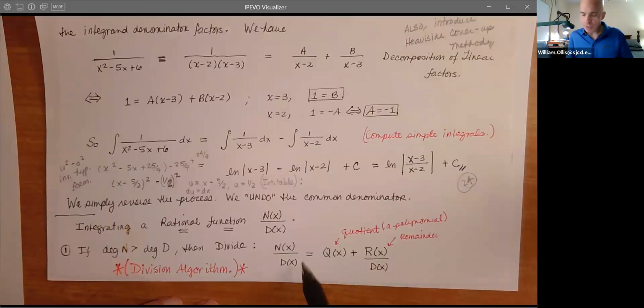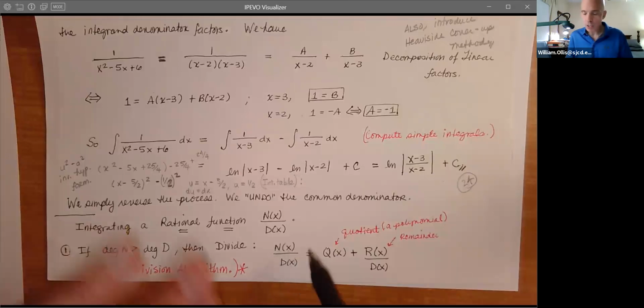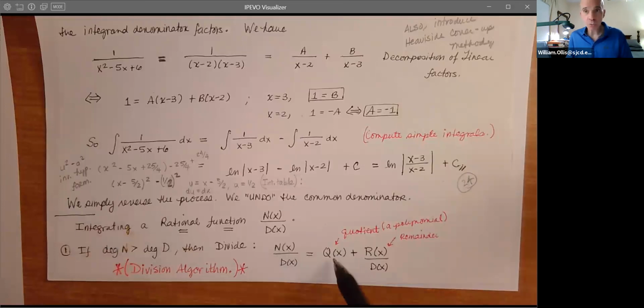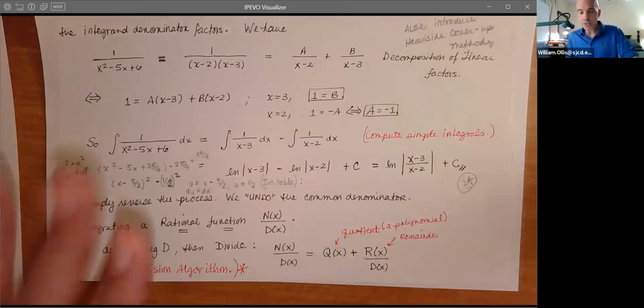You first think about the fact that you want the numerator, I mean, if the numerator has a larger degree or equal degree, you want to divide. So then you get a quotient, which will just be a polynomial. And here you'll get a rational expression, okay? That's where we want to apply these rules. First, we want to make sure that we have the degrees set up in a very convenient way.